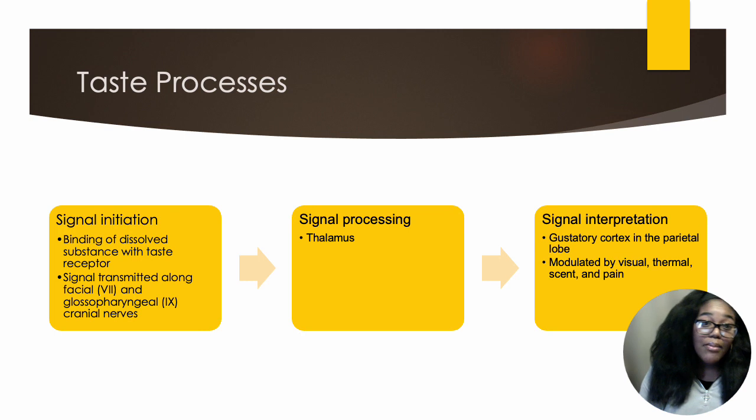So next we'll talk about how taste is processed. Similar to hearing and even seeing, we have a process that sends a signal to the brain. So you have the stimulus of a taste receptor on your taste bud, and that signal is transmitted through the facial nerve, cranial nerve 7, and also the glossopharyngeal nerve, cranial nerve number 9.